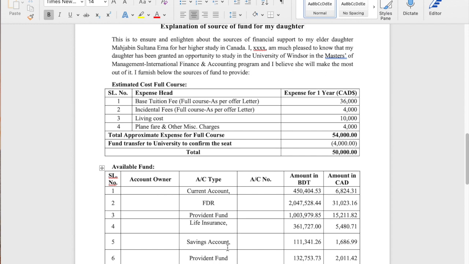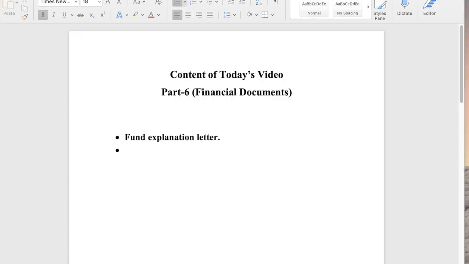So my savings account statements and provident fund statements will be the supporting documents for what I am talking about in the available fund box. I will be giving you the sequence of all the documents I have compiled together and uploaded in this particular segment.